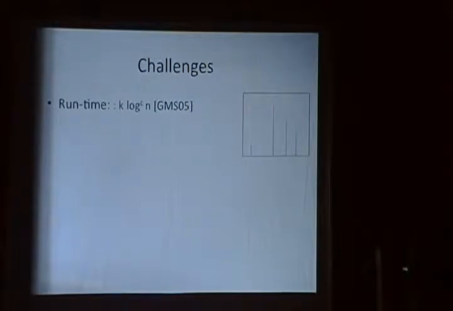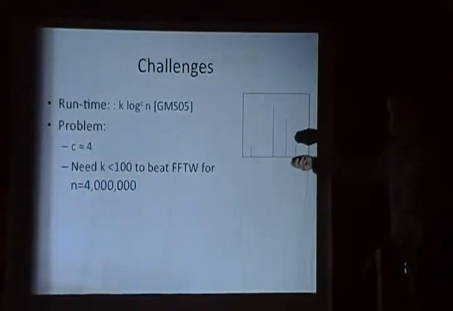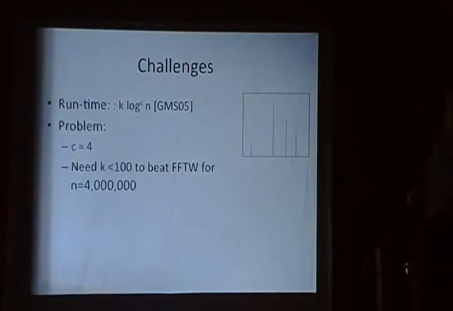So this is the runtime. Of course the runtime depends on the parameter c, and the c is actually something like 4. It actually varies depending on which component one uses, but 4 is pretty much the right answer.